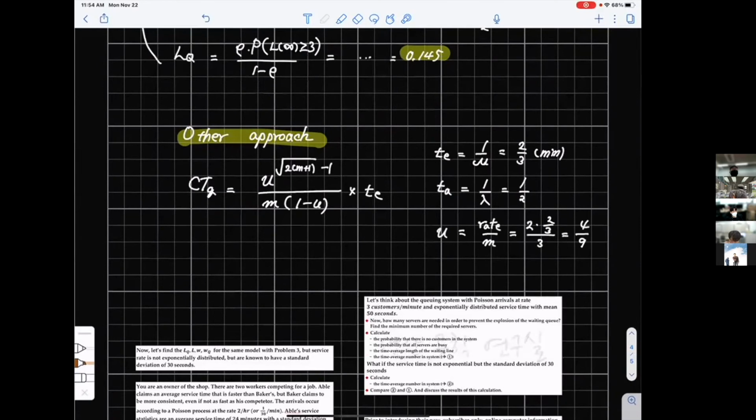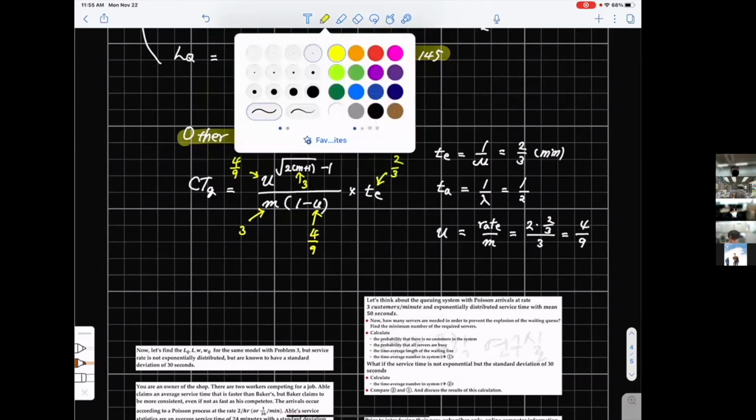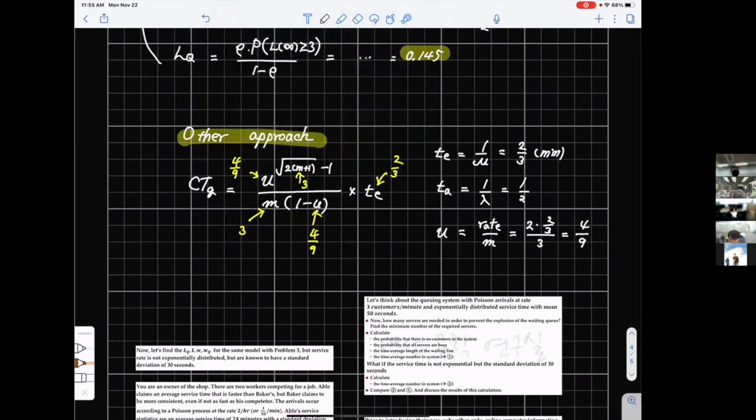So we just put the number, and by using the Excel spreadsheet, this becomes like this.